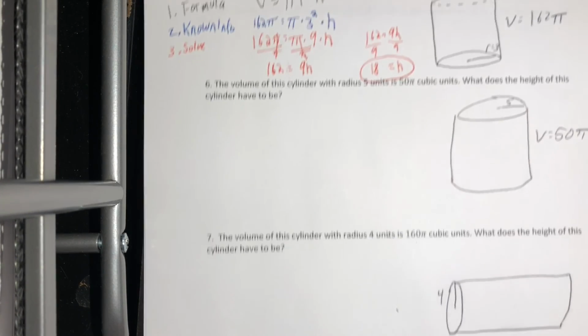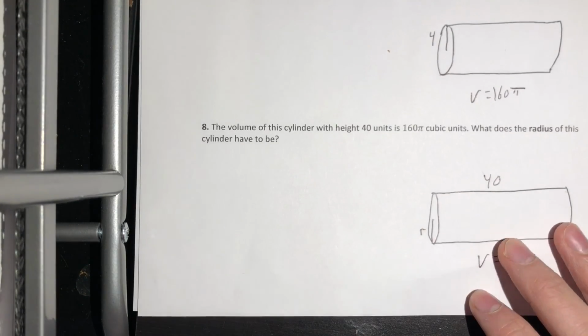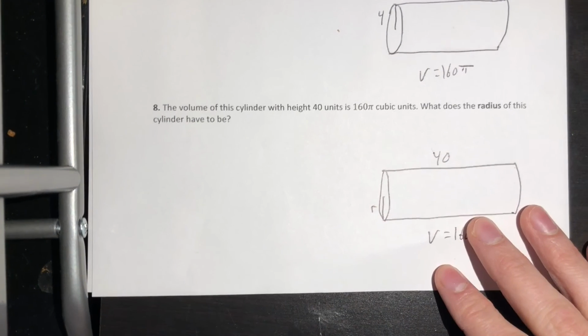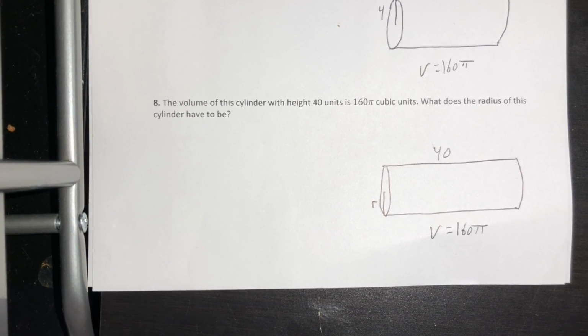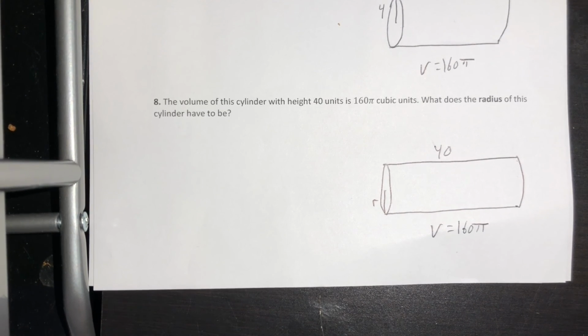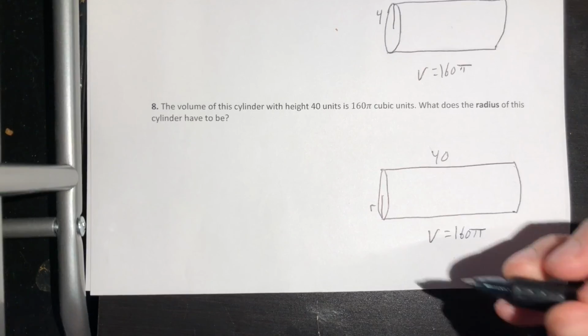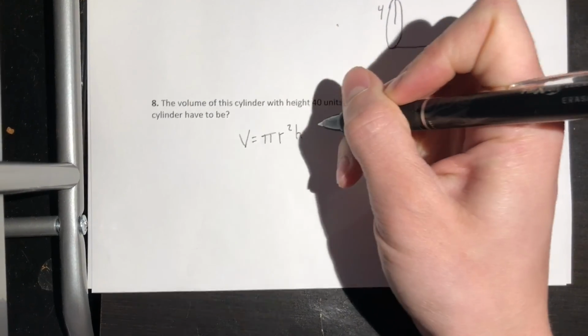So I'm actually going to skip over 6 and 7 for now. You can try those on your own. I'm going to look at number 8 just now. So the volume of this cylinder with a height of 40 is 160 pi units. So we want to figure out, well, what is missing here? Volume is pi r squared height. That's our formula.